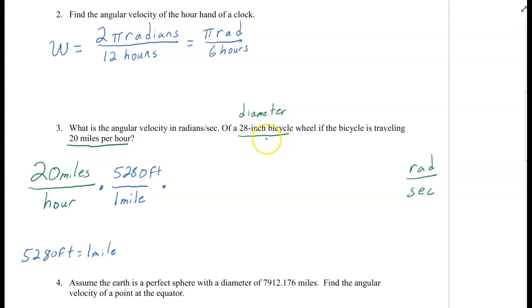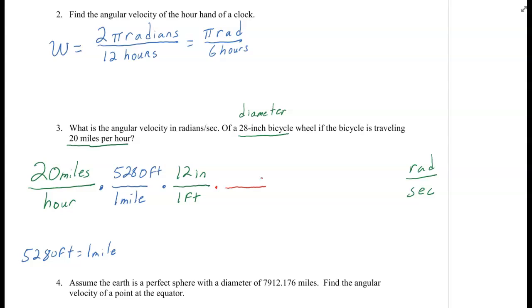So since the wheel is in inches, let's convert feet to inches. 1 foot, I'm going to put that in the denominator, is equivalent to 12 inches, so that number is 1. And then somehow I need to get inches to radians. Well, we know a full rotation, or 1 revolution, is 2 pi radians.